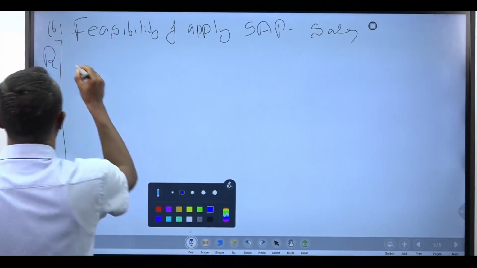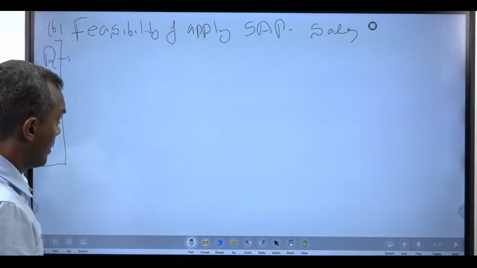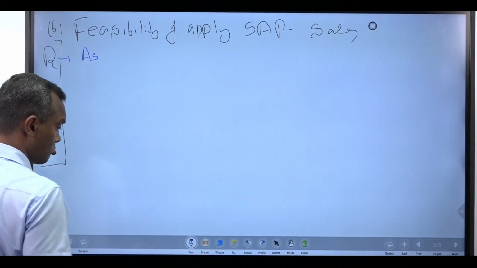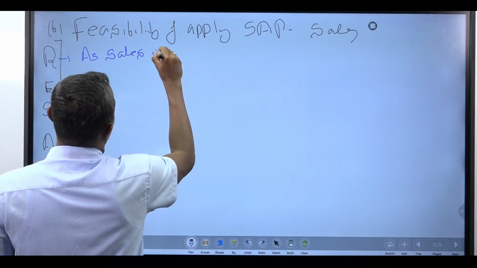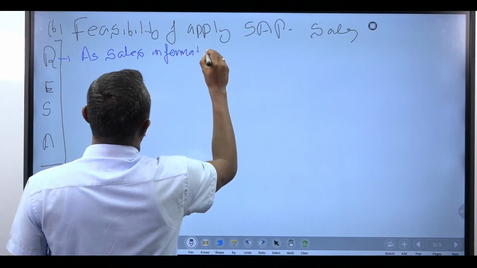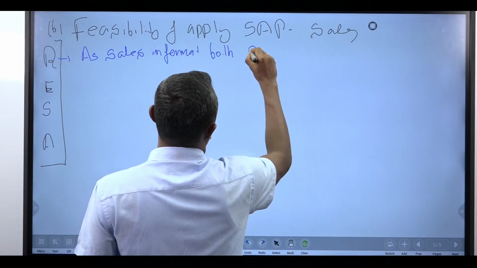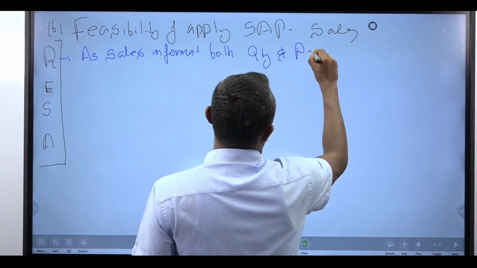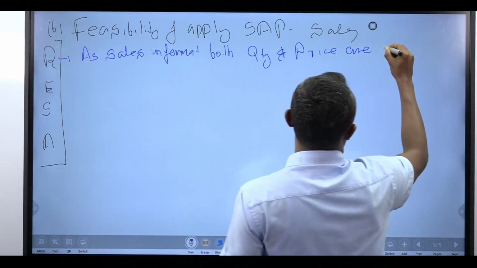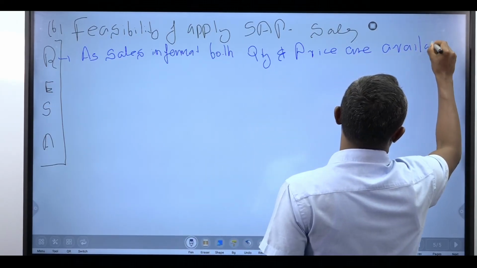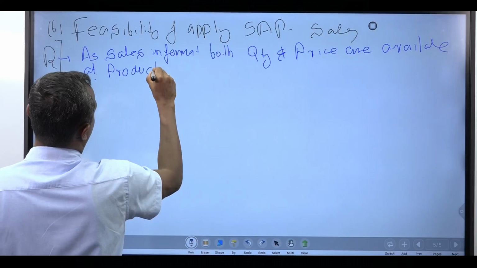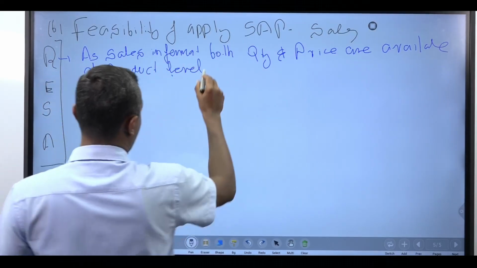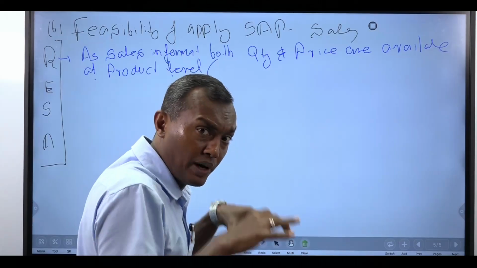So, the first point that you can say is that as the sales information, both quantity and price separately, you can split it, are available at a product level, we can predict as we break sales down by product level and dealer level.